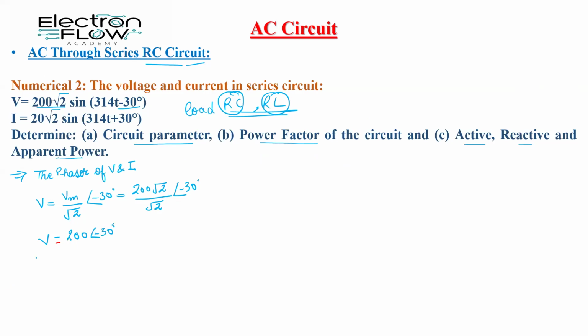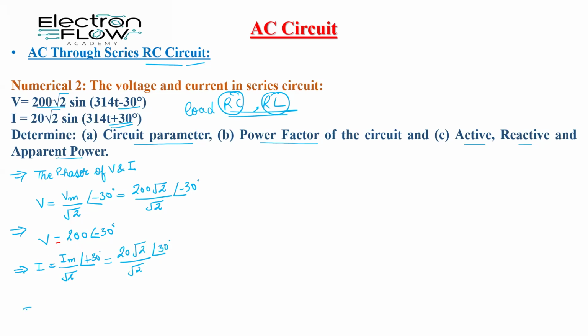Similarly, for the current: I is equal to Im divided by root 2 at an angle of plus 30 degree, which is given to us here. The maximum value of the current is 20 root 2, divided by root 2 at an angle of 30 degree.